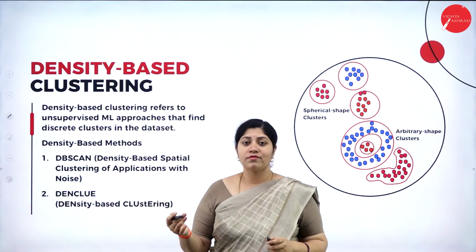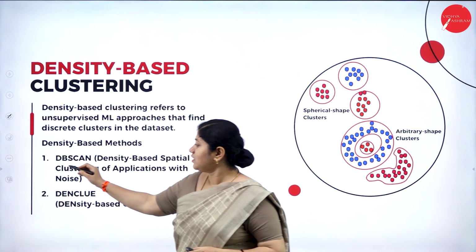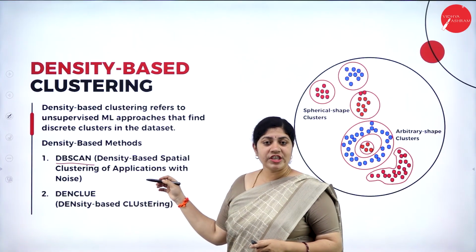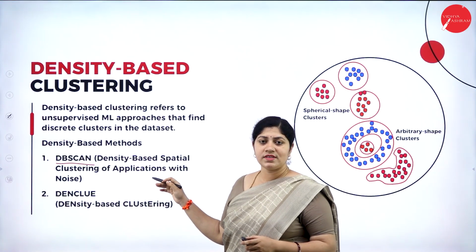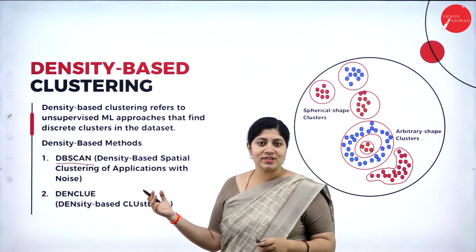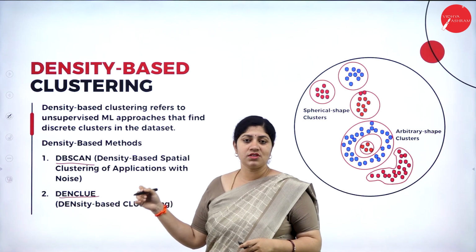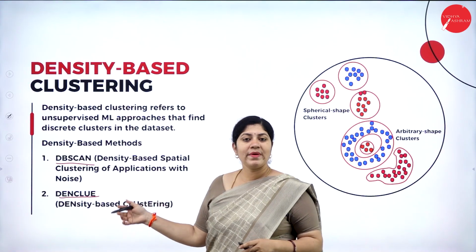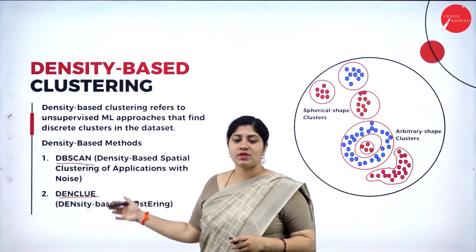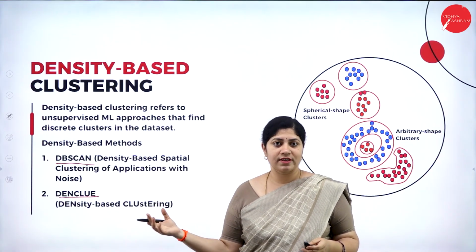We have 2 methods under this density-based clustering. The first one is DBSCAN, which is a short form of density-based spatial clustering of applications with noise. The second method is DENCLUE, which is a short form of density-based clustering. So these are the 2 methods through which we can get density-based clusters.